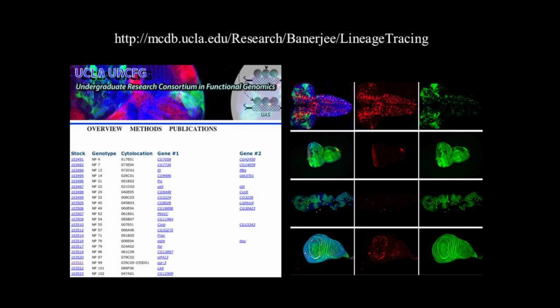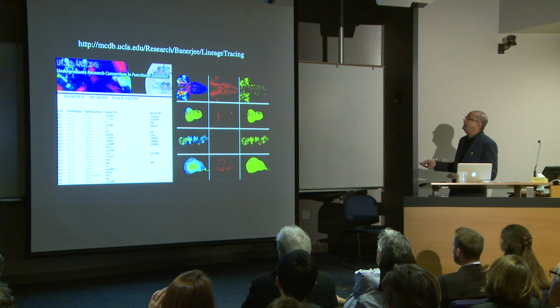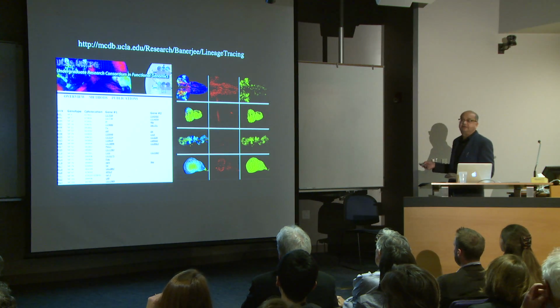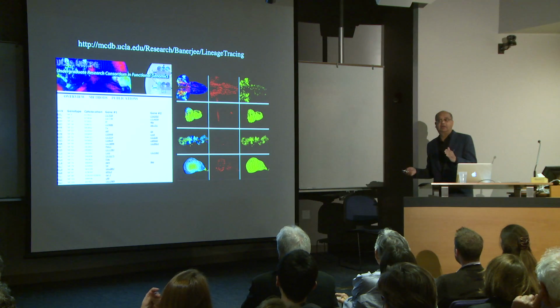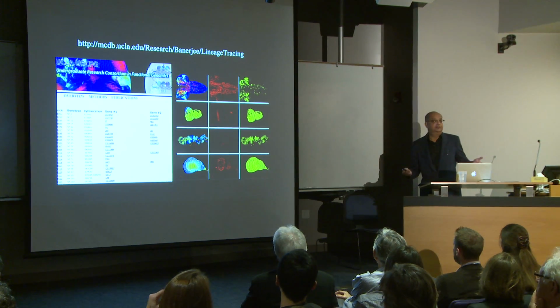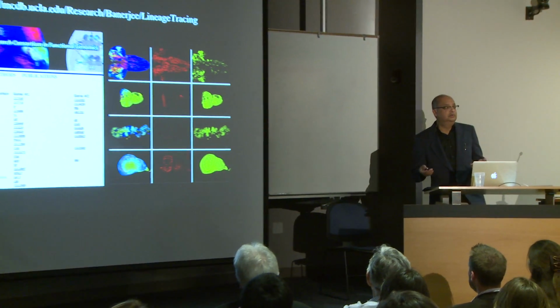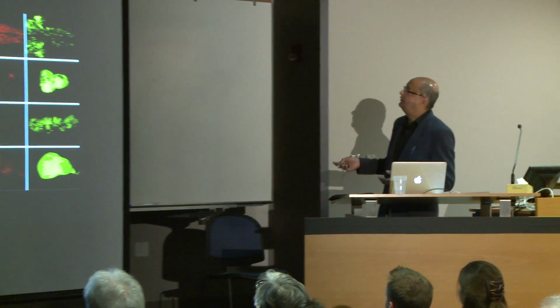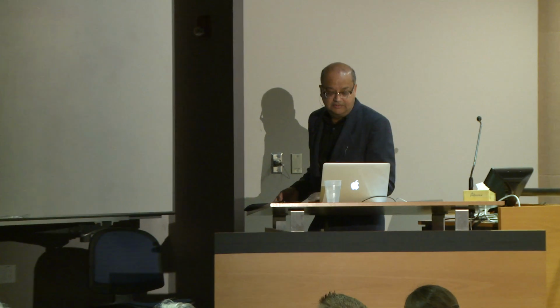So you can then create a situation where, with just looking at GFP and RFP, you can see the cells which are currently expressing a certain gene and the cells which used to express that gene. This is a lineage tracking which can be done by just having a GFP-RFP scope and being able to do these dissections. And they have done that for a very large number of genes.